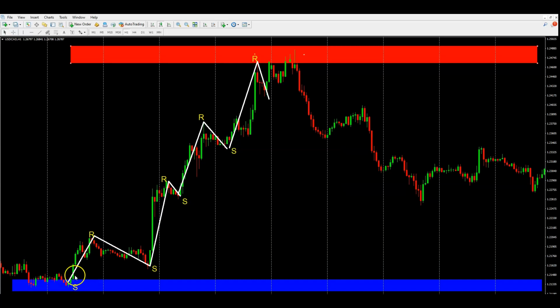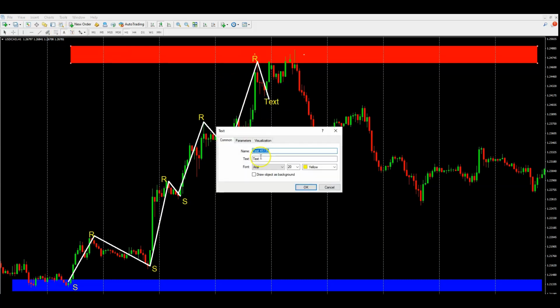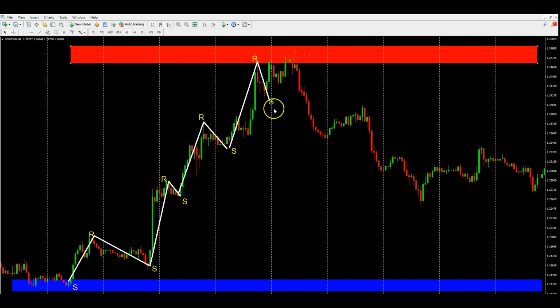Okay, so you have your support, resistance, support, resistance, support, resistance, support, resistance, support. Let's put the S. We have to finish this off because I want to explain something to you so it can be easier for you to understand. Okay, support. We're back at resistance.